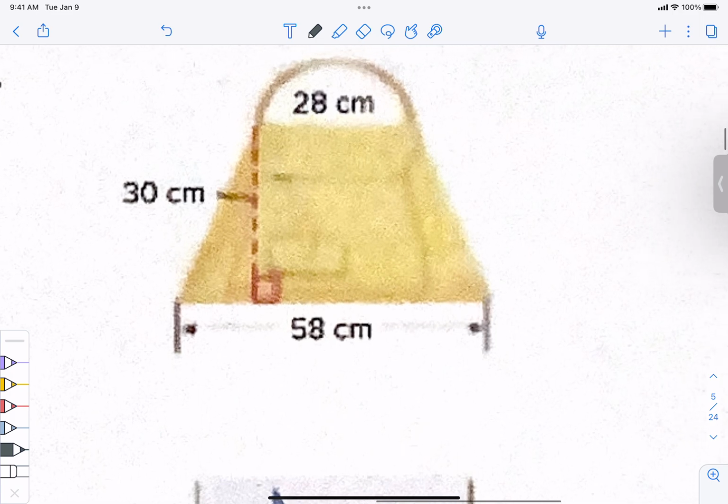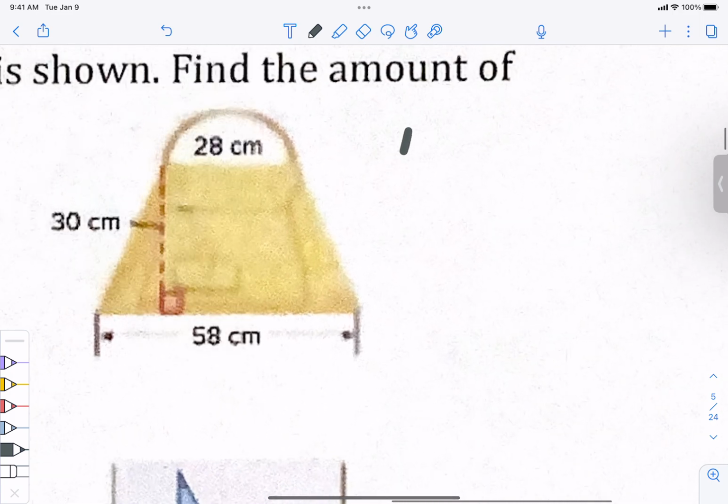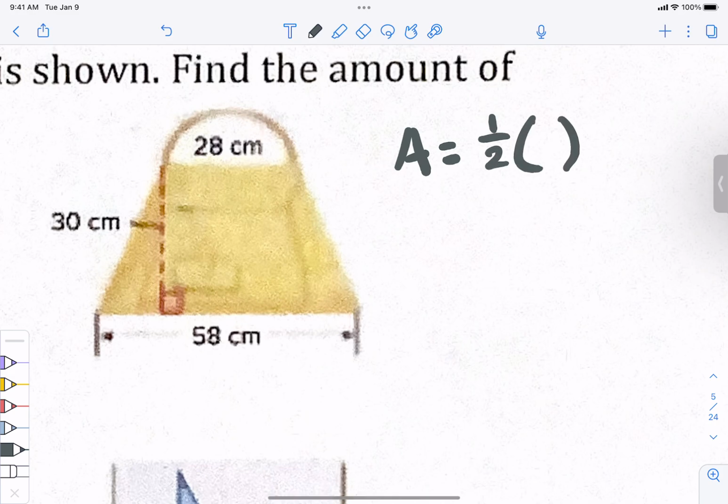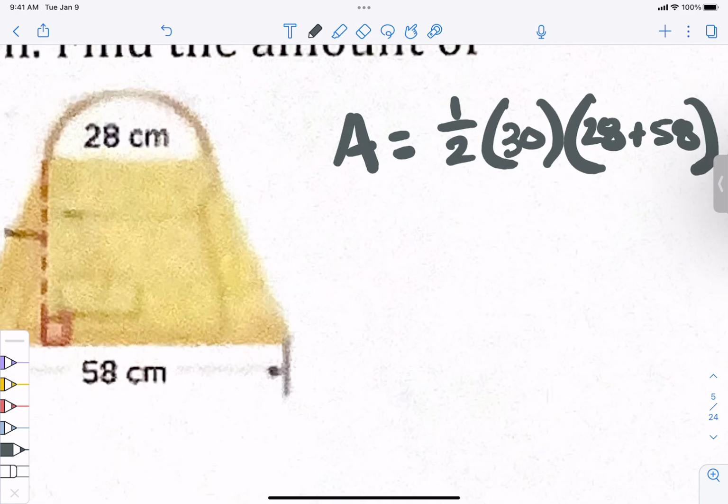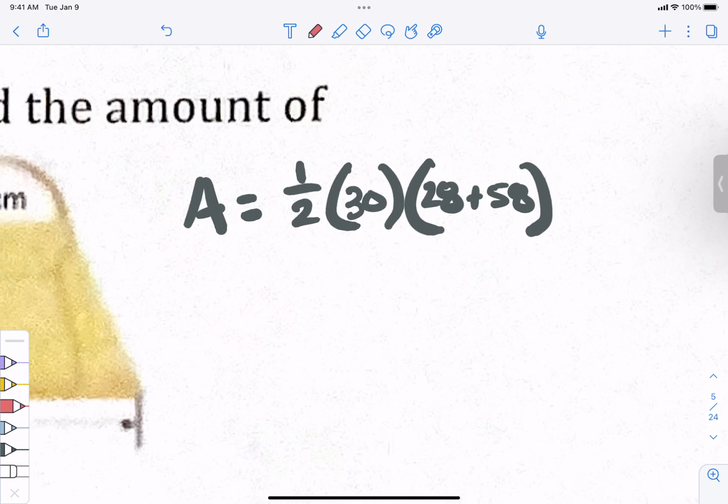So down in this problem, we're finding the area of this trapezoid, and we take 1/2 of the height. What's the height? 30. And base 1 plus base 2, so 28 plus 58. This morning, Kyle multiplied 28 and 58 together. Don't do that. 28 plus 58 is 86.